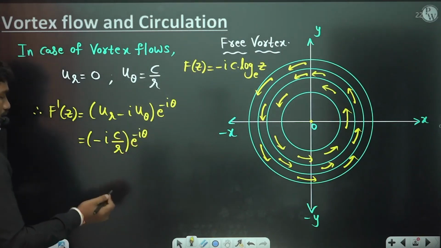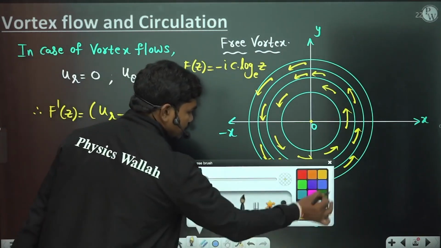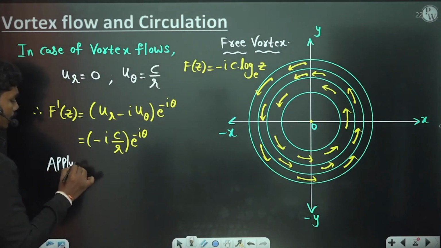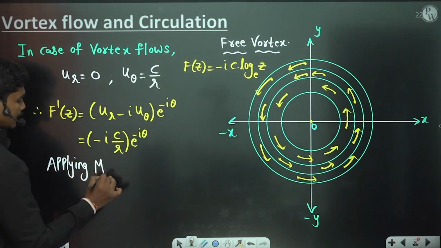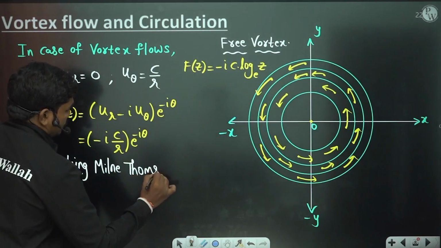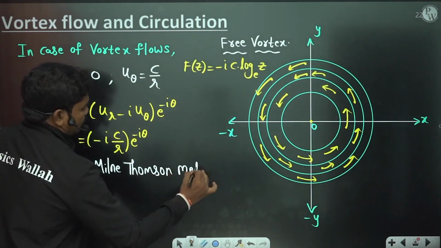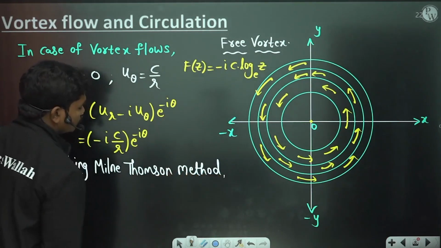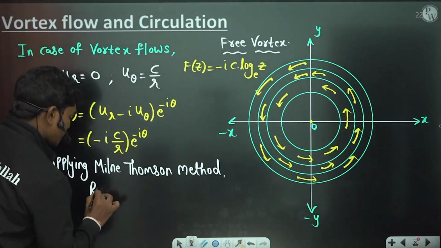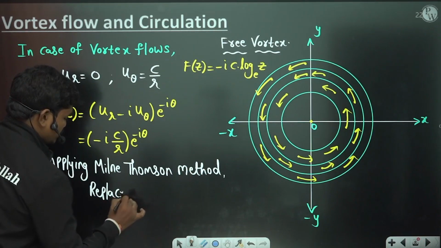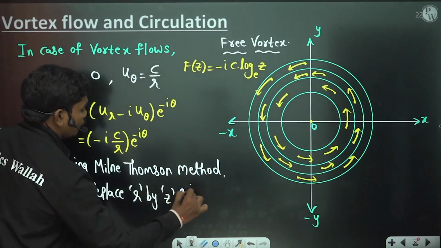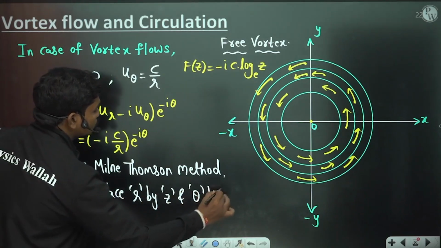Now if you want to integrate this, apply Milne-Thomson method. Applying Milne-Thomson method, we replace r by z and theta by 0.